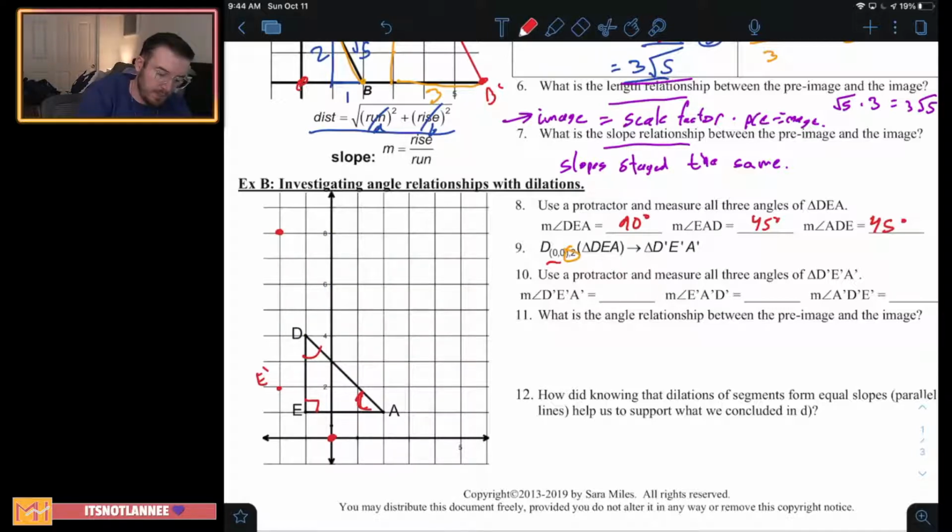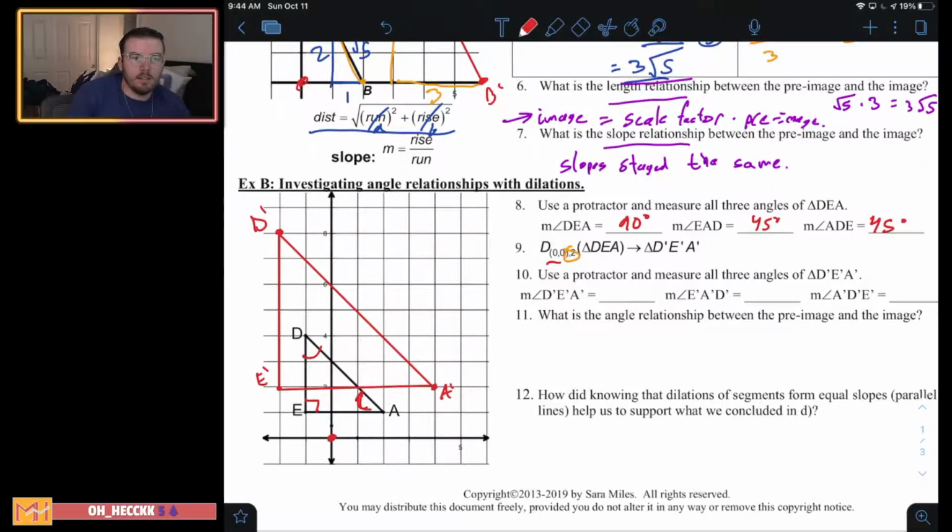D, not B, my bad. And A is over 1, 2, and up 1. Double that, over 1, 2, 3, 4, and up 1, 2. There's A prime. So there's our image, triangle D prime, E prime, A prime.